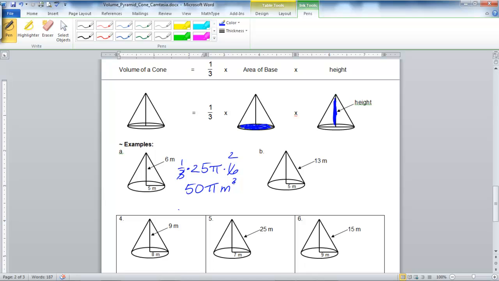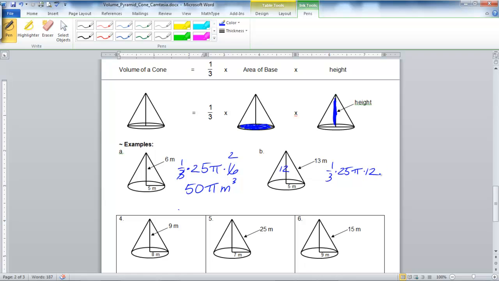Now be careful on this one. They give us the radius, they give us the slant height for the cone. So if we apply one of our Pythagorean triples, 5, 12, 13, I know my height for this cone is 12. So I've got 1/3 the area of that circle down there, which is again 25 pi, and then times the height, which is 12.